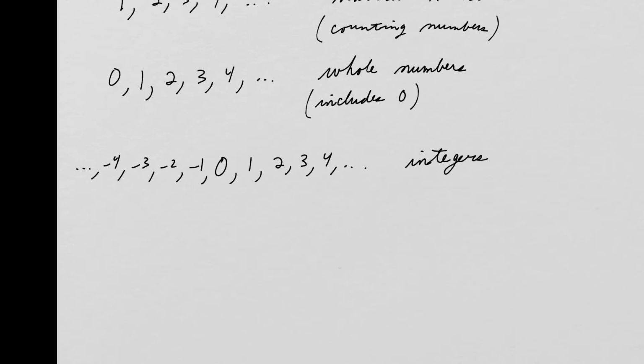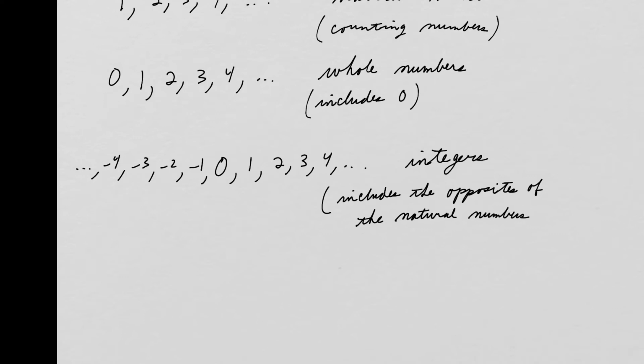So I'll just write, it includes the opposites of the natural numbers. Okay, and notice each set is slightly bigger, right, than the previous sets.